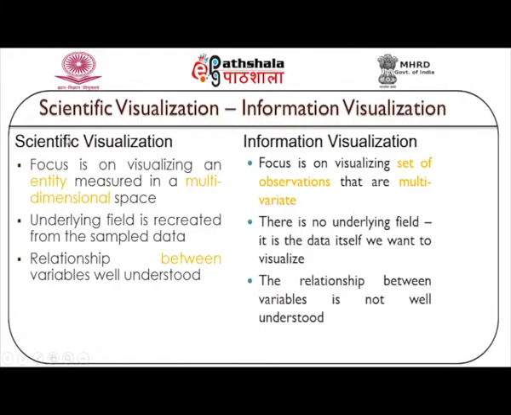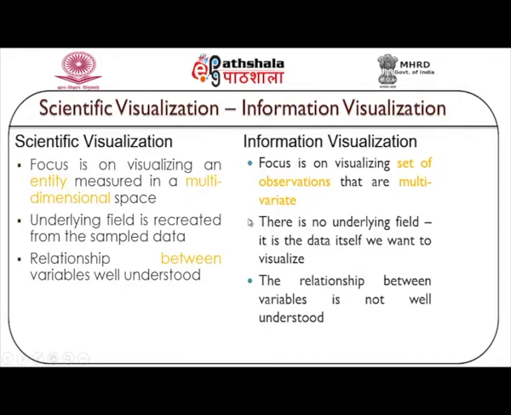If you look at the pros and cons of scientific and information visualization, in scientific visualization the focus is on visualizing an entity which is measured in a multidimensional space, whereas in information visualization the focus is on visualizing the set of observations which are going to be multivariate in nature. In scientific visualization the underlying field is recreated from the sampled data, whereas in information visualization there is no such underlying field. It is the data itself that we want to visualize.